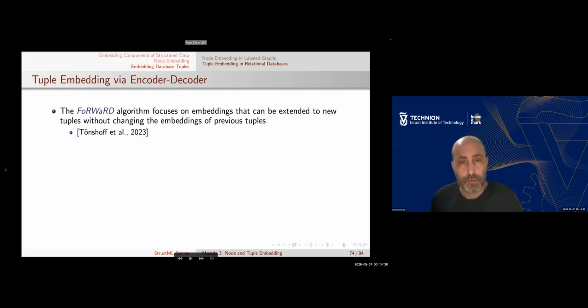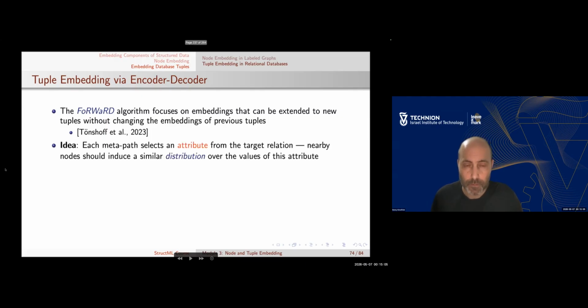Here's another technique from our lab, the forward algorithm, where the goal was to look at the embeddings that you can easily, quickly extend to new incoming tuples without changing the embeddings of previous tuples. Now, the main idea was that each meta path includes also one attribute from the target relation.